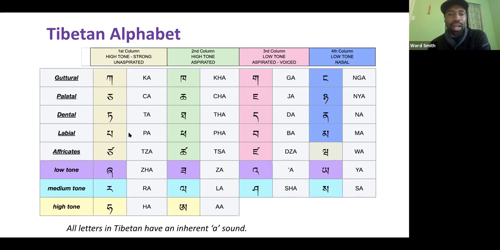So the first column is set in a higher tone, and it is unaspirated. Aspiration means basically moving air through a small column. But when we say unaspirated, it doesn't mean no air, because that's impossible unless you're doing clicks or something, right?